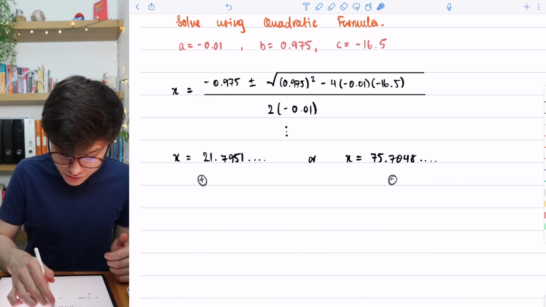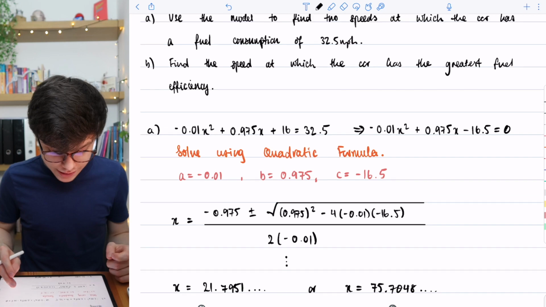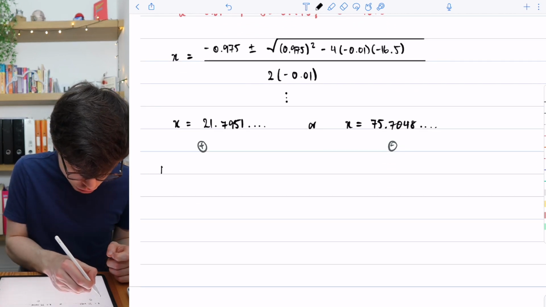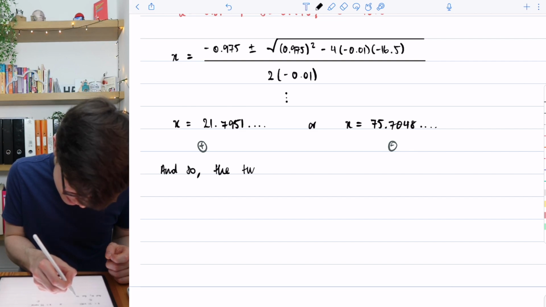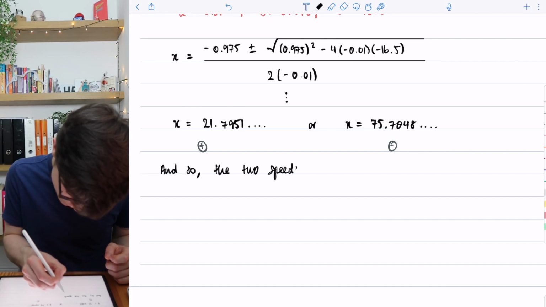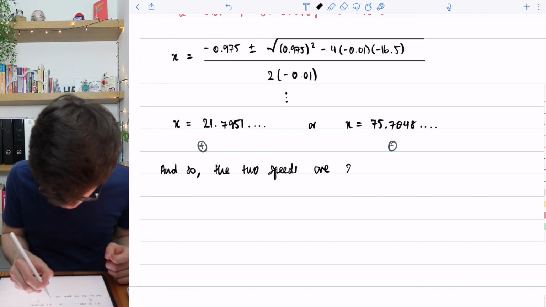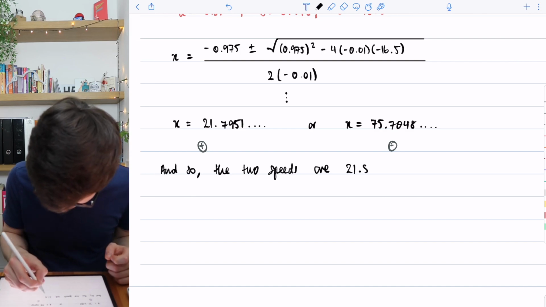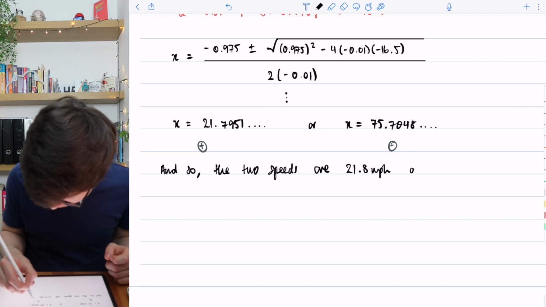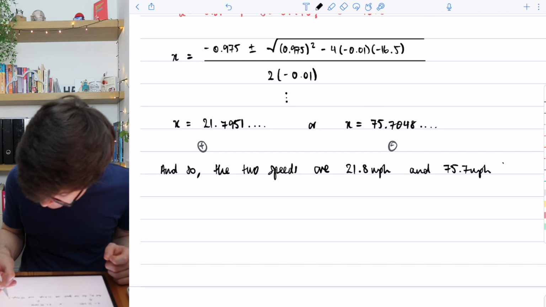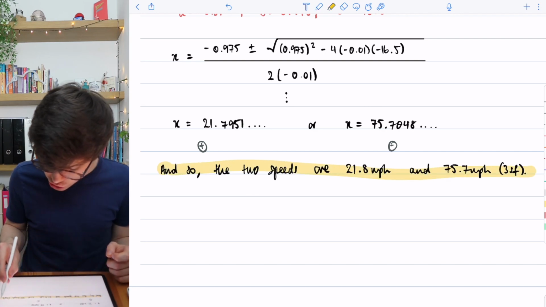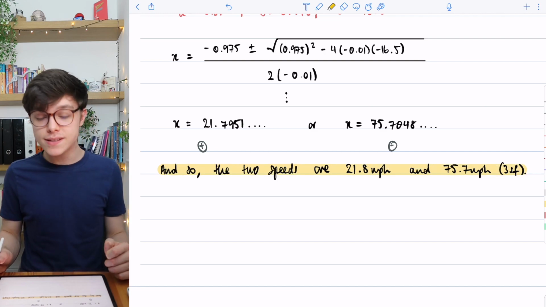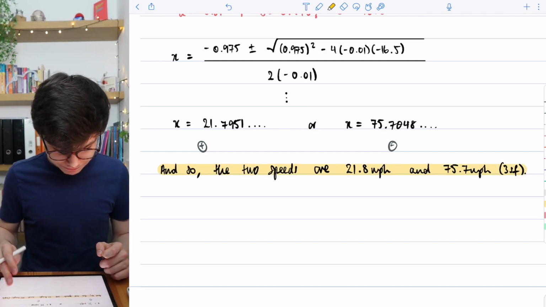Okay, it doesn't tell us to give our answer to any decimal place or anything, so I'm going to give it to 3 significant figures, and so we can say the two speeds are 21.8 miles per hour and 75.7 miles per hour to 3 significant figures. Okay, and those two speeds there are our final answer.